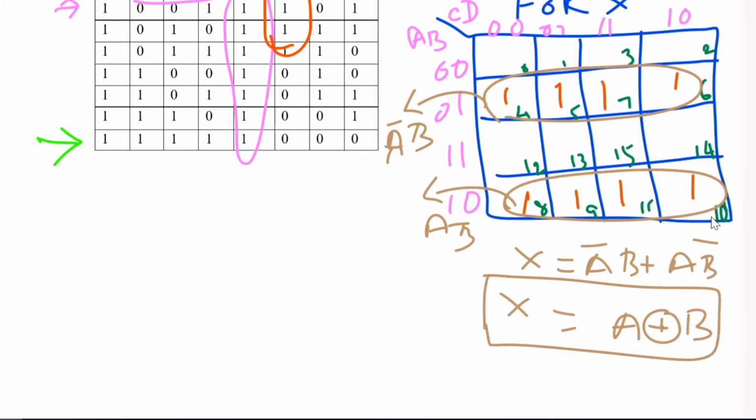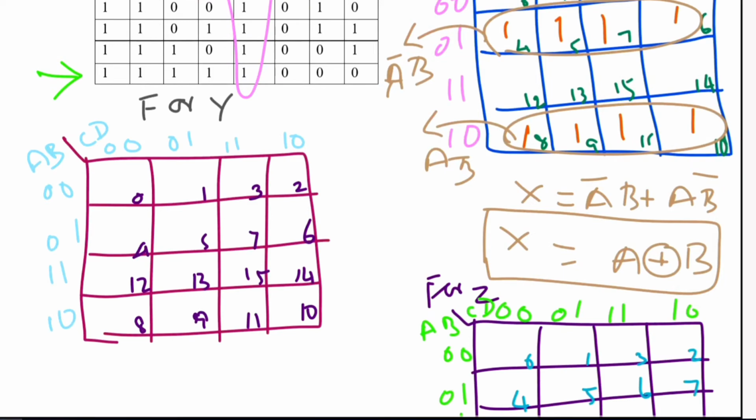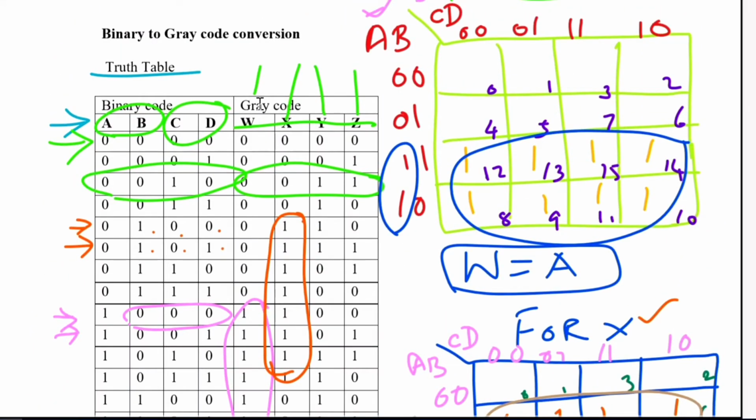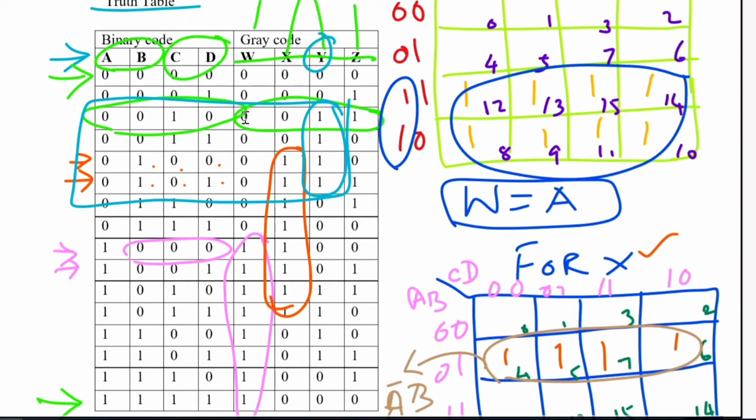Similarly, we draw the K-map for Y and Z. Well, students, now we go for Y. So for Y, construct a K-map. When Y is high, we have these 4 combinations and these 4 combinations.